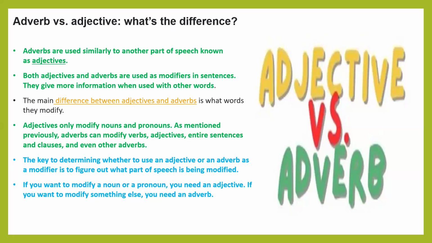If you want to modify a noun or a pronoun, you need an adjective. If you want to modify something else, meaning verbs, adjectives, other adverbs, entire sentences and clauses, we need an adverb.